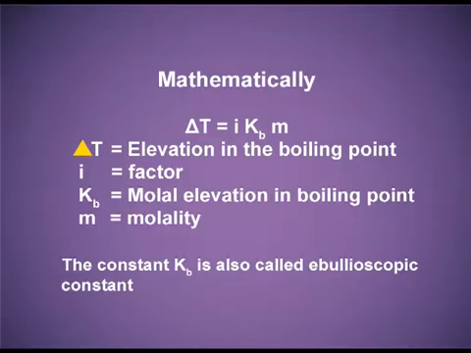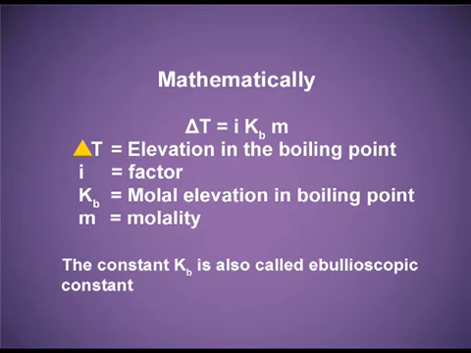Now, mathematically, delta T is equal to i Kb m. Here delta Tb, or delta T, is the elevation in the boiling point. i is Van 't Hoff's factor, which I will explain later on.